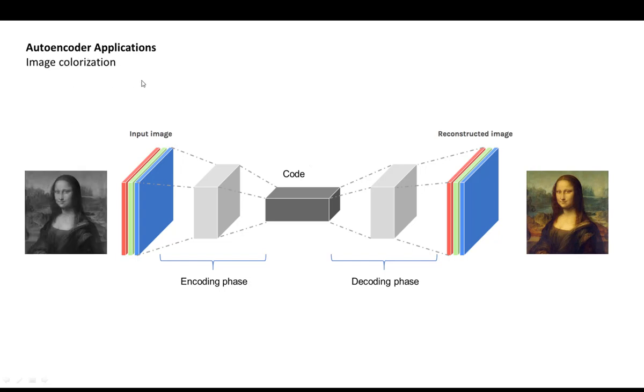And finally, image colorization. What we plan on doing is taking a grayscale image and supplying the corresponding color image, and training the autoencoder, creating a model that learns how to colorize other images.